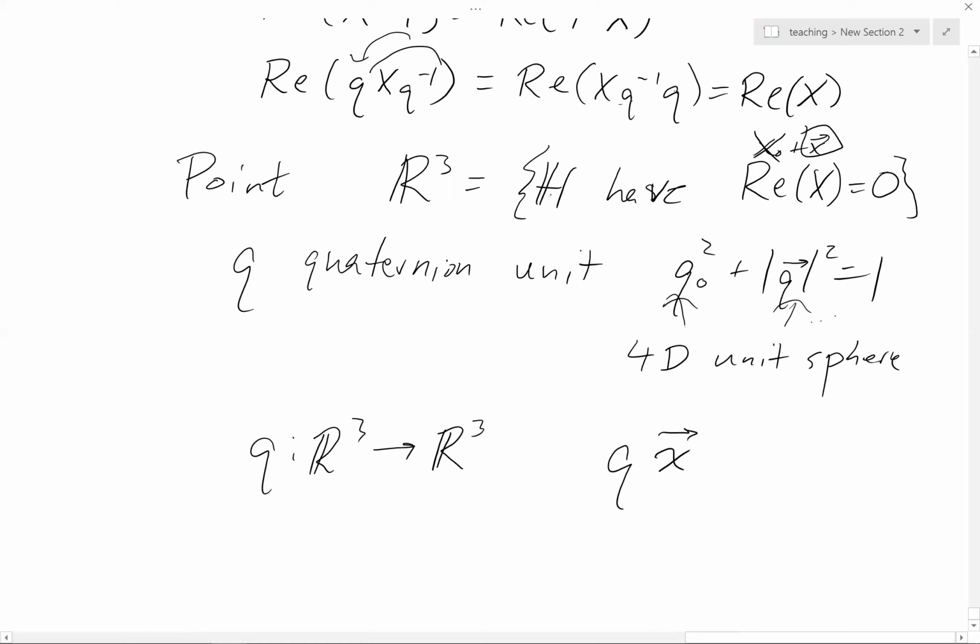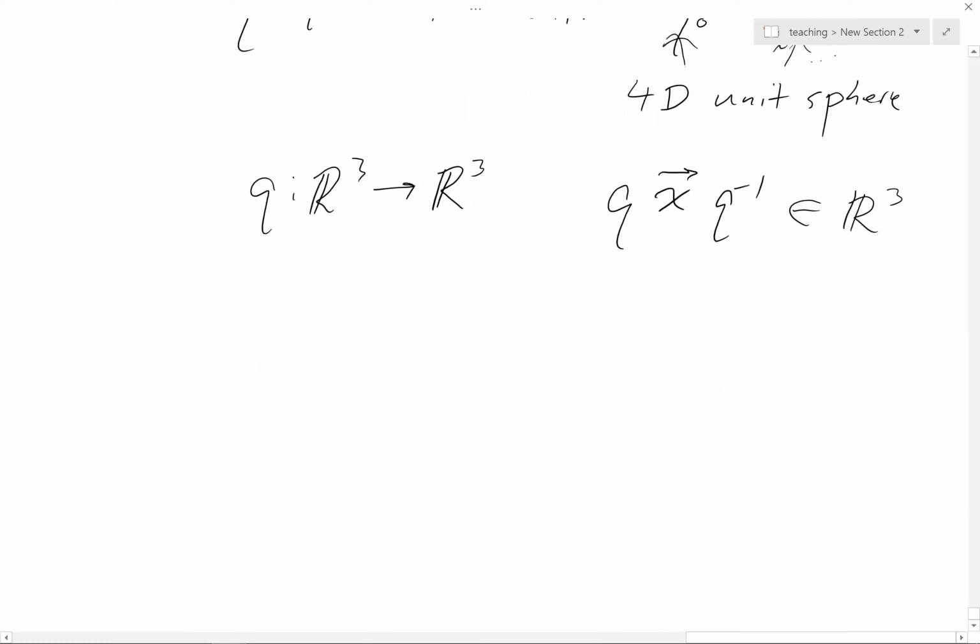We'll think about it as being a quaternion that just doesn't have a real part, and do Q inverse. And then that'll give you something else in R3 because I know it doesn't change the real part. So if I started without having a real part, after I do this, I still don't have a real part. Okay, so this is definitely something I can do.